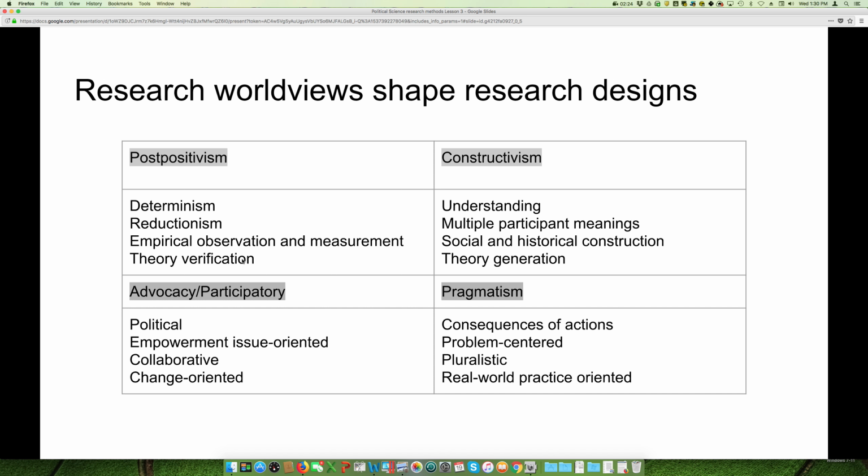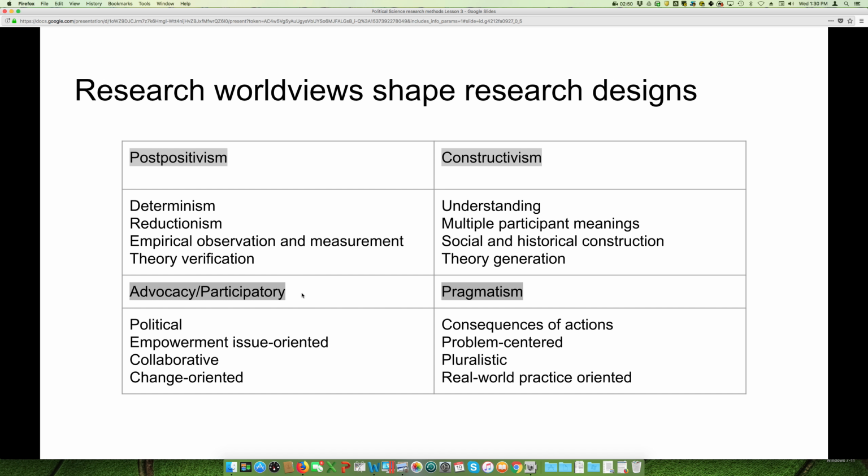And then there's theory verification. Typically with this type of research design, you are trying to verify or even disprove a theory by collecting data that should find gaps, or your research might suggest gaps in that theory.